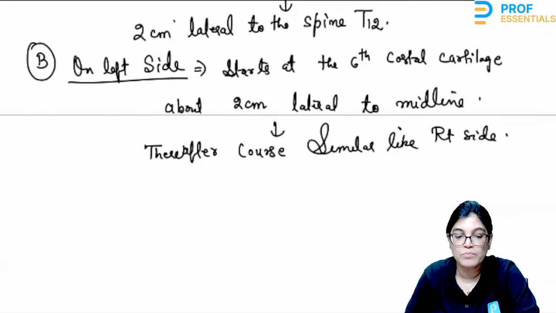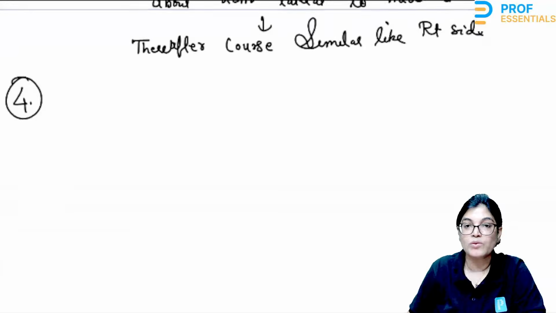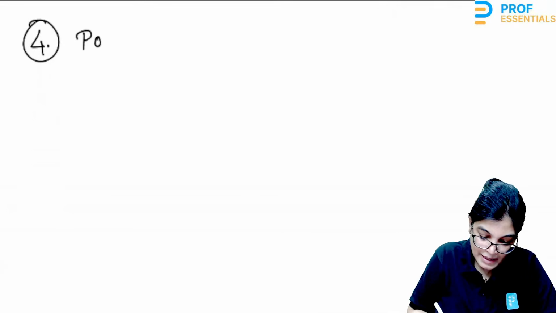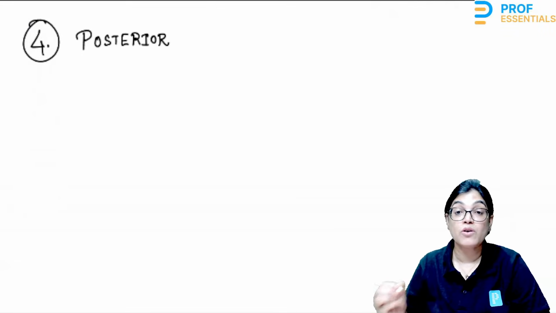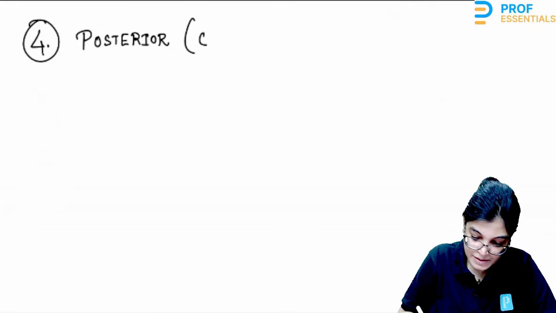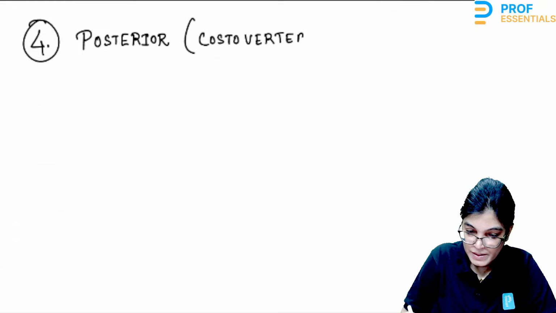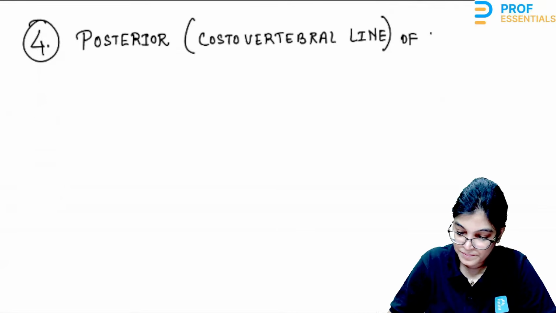Now we will talk about the posterior. The fourth point is the posterior line of pleural reflection. The posterior line of pleural reflection is also called the costovertebral line of pleural reflection.